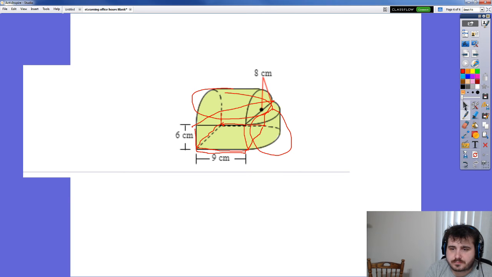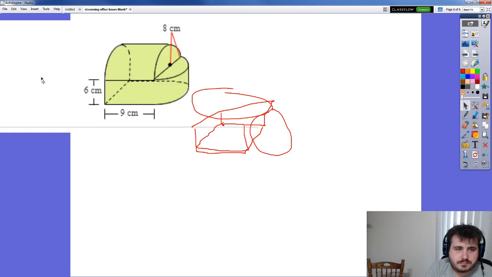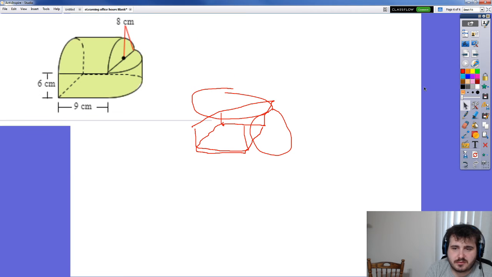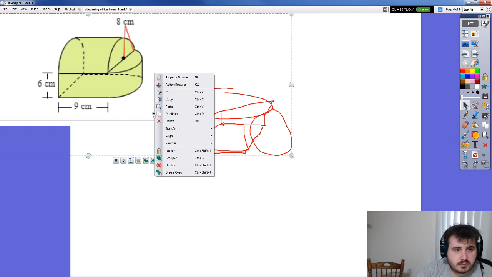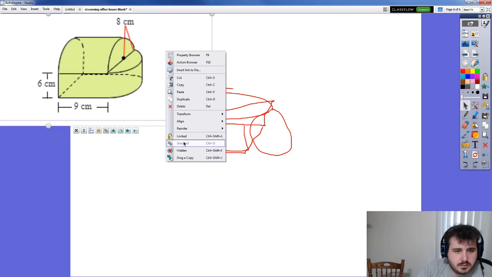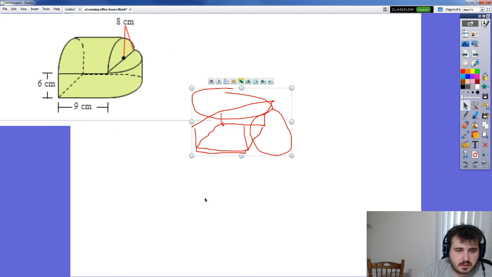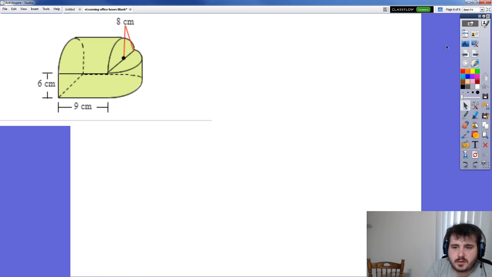So if it's me, I'm just gonna do them piece by piece. So what I'm going to do is break it up into the pieces. I've got the half cylinder up here on the top. So when we do this, since it's a half of a cylinder, we're just going to do half of it, right?